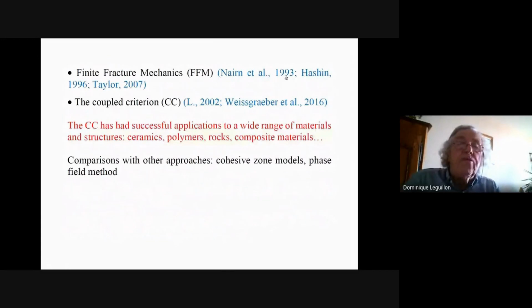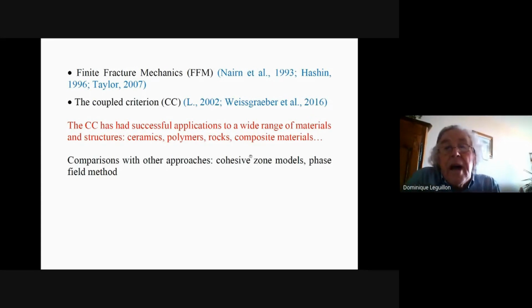And I have to mention also the book by David Taylor on the theory of critical distances. The coupled criterion was introduced by myself in 2002. And I can cite a review paper by Philipp Weißgraeber in 2016.